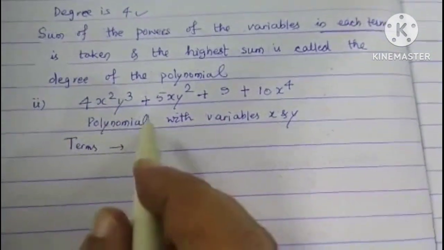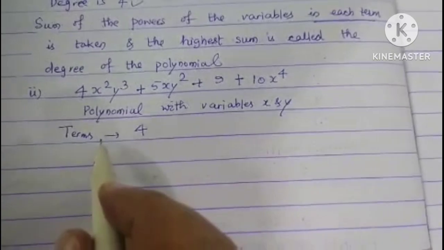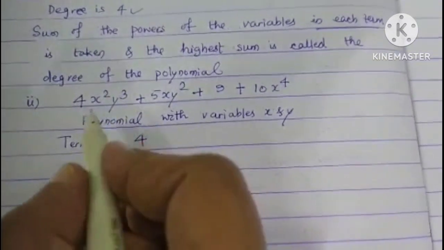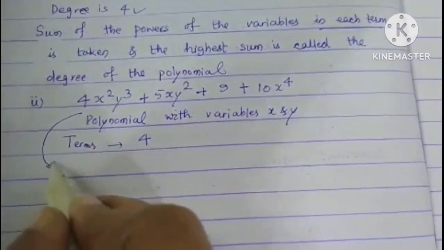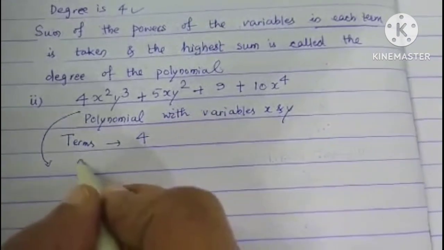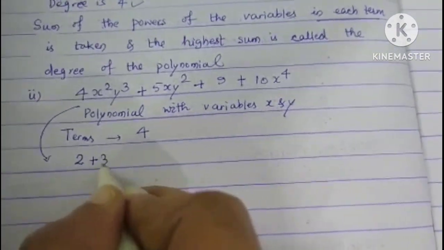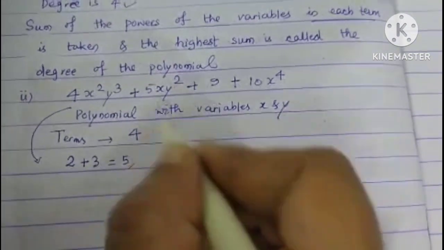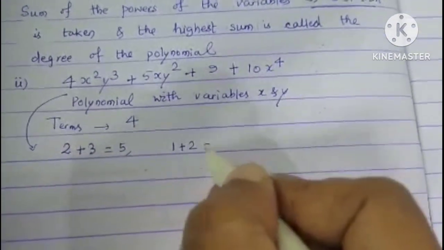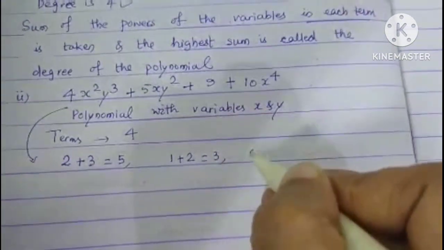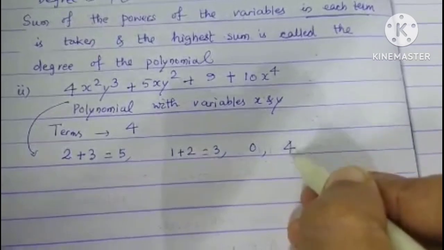Now in each term we will check the sum of the powers of the variables. In the first term the power of x is 2 and the power of y is 3, so it comes out 5. In the second term 1 plus 2, it comes out 3. In the third term it is 0, and in the fourth term it is 4.